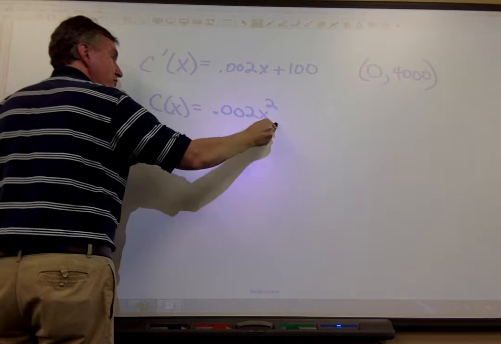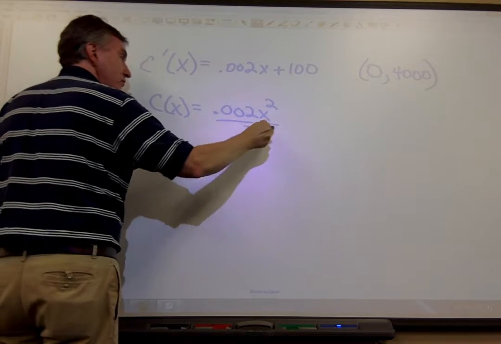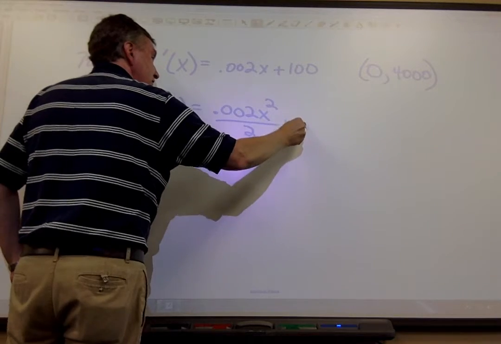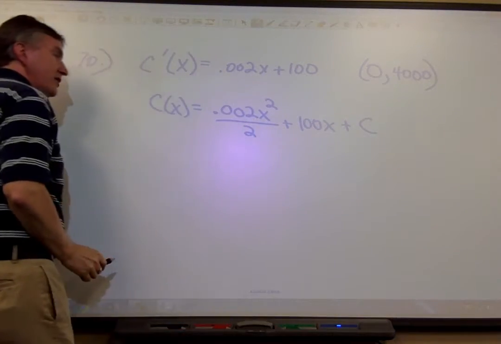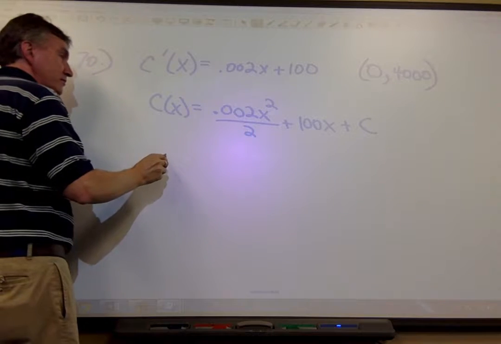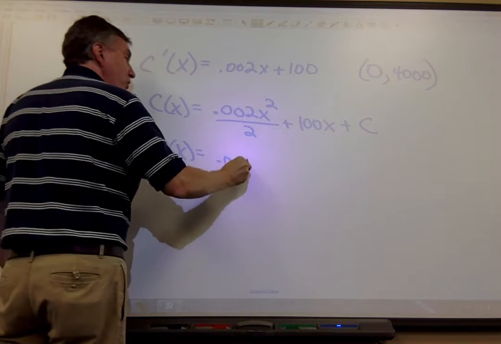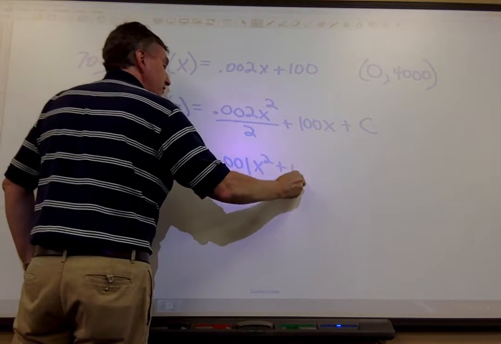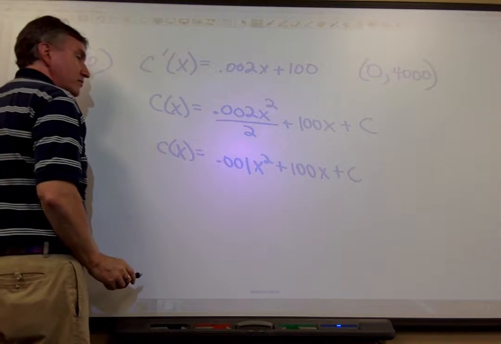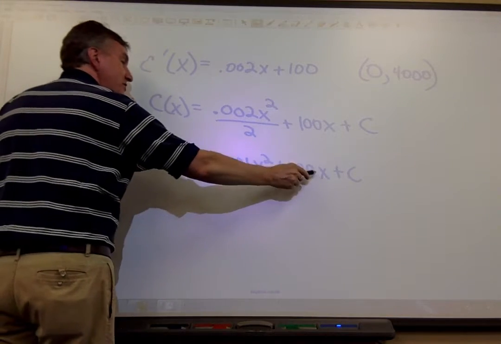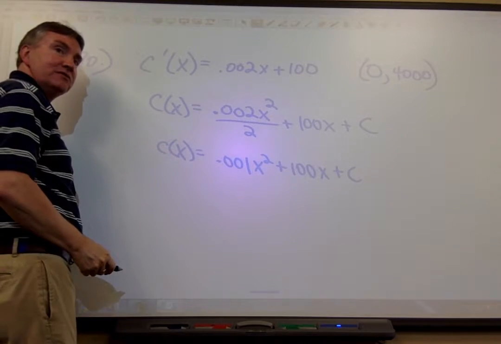x over what? 2 plus what? Plus C. Okay. So that means C of x is 0.001x squared plus 100x plus C. Now, if x is 0, C will equal 4,000.